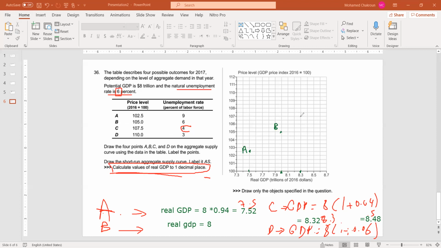So it's here, point C. And finally, point D, we have 8.5, and 110. This is point D. So now this is the aggregate supply curve.